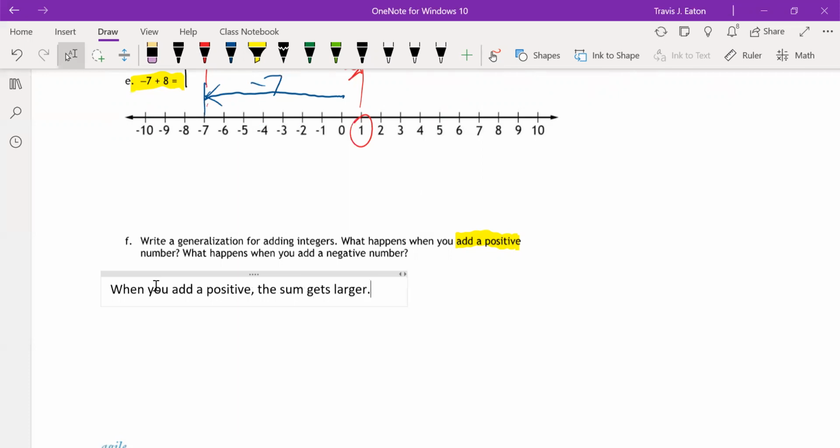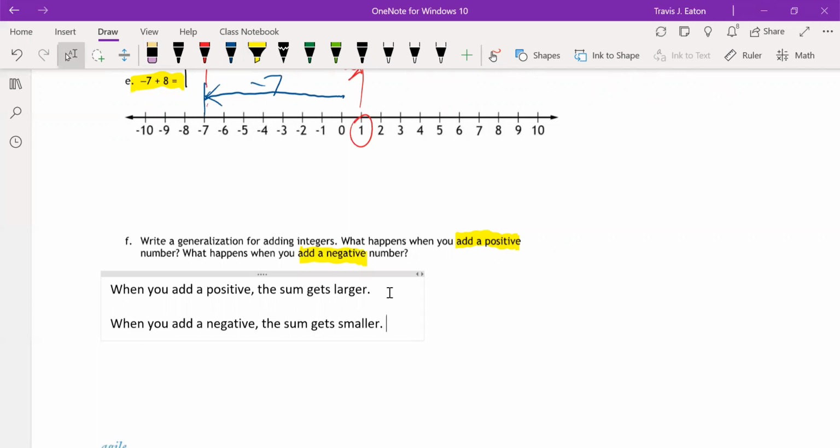And then what happens when we add a negative number? Well, if you add a positive, the sum gets larger because you're moving to the right on the number line, then wouldn't it stand to reason that you add a negative, it would be moving in the opposite direction, right? Sum is smaller or less.